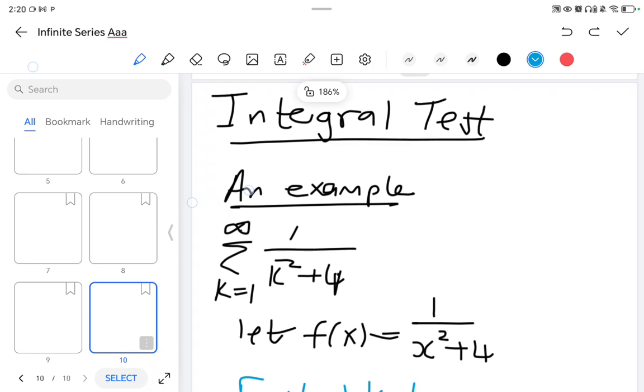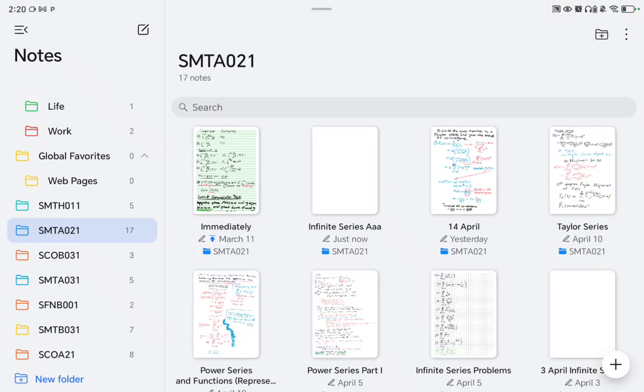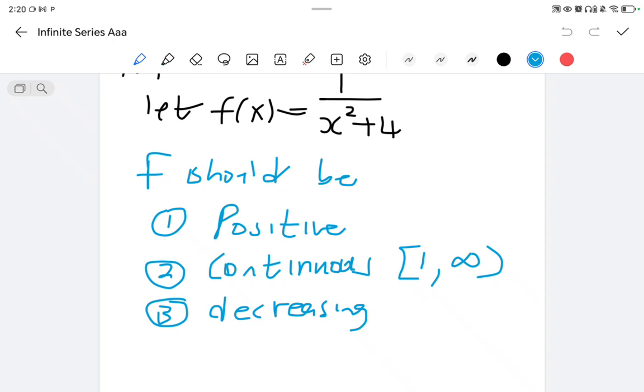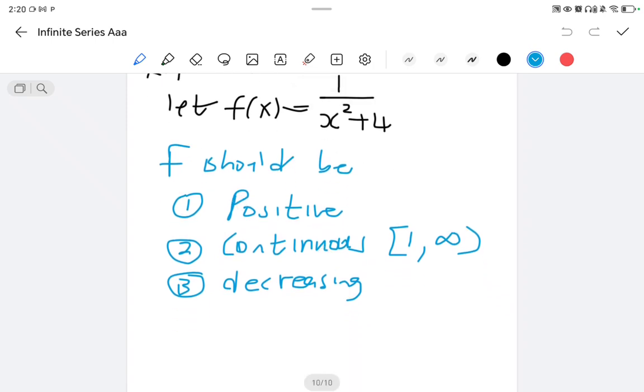So from this example, we realize that f is positive, and f is continuous. And the question is, is f decreasing? Do you agree that f is decreasing?